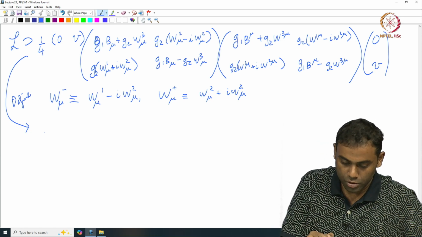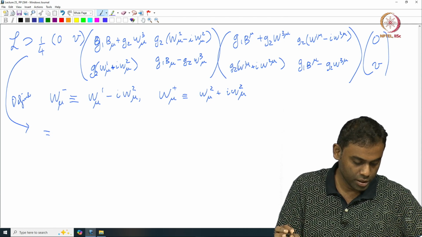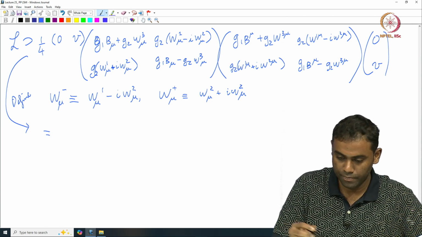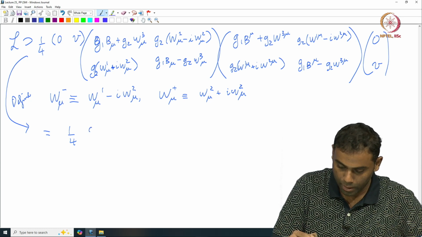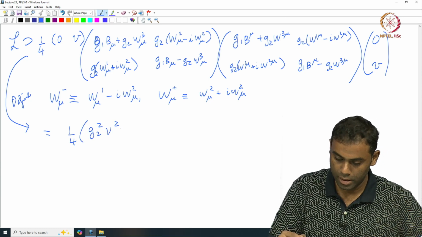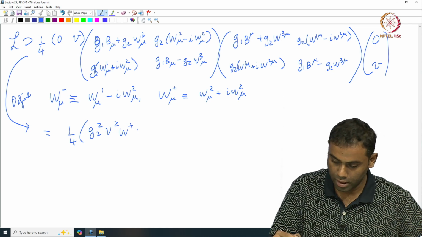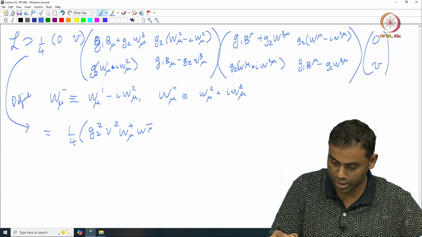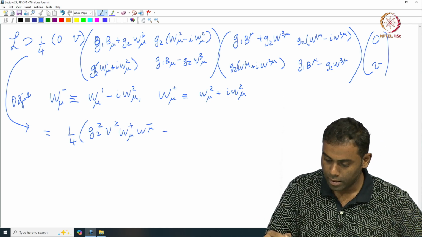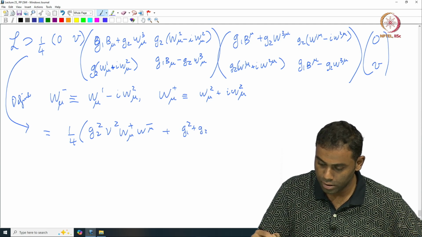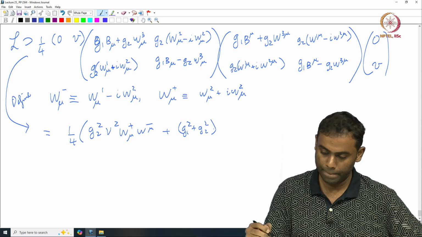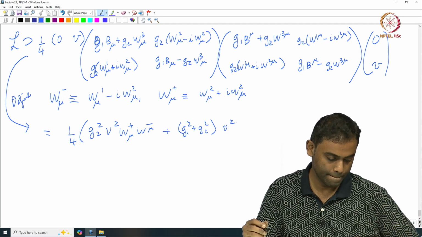With this definition you will find that this simplifies to 1/4 G2 squared V squared, there is a W plus and a W minus, but of course I have to contract the indices correctly, and a G1 squared plus G2 squared V squared.